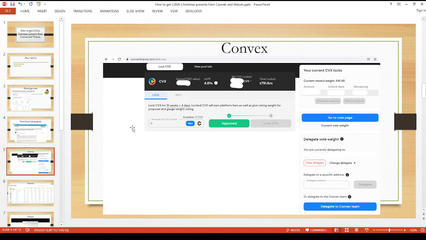Basically, once you do have some Convex tokens, you could probably bridge some Ethereum over to SushiSwap or Uniswap, and then convert your Ethereum to Convex.